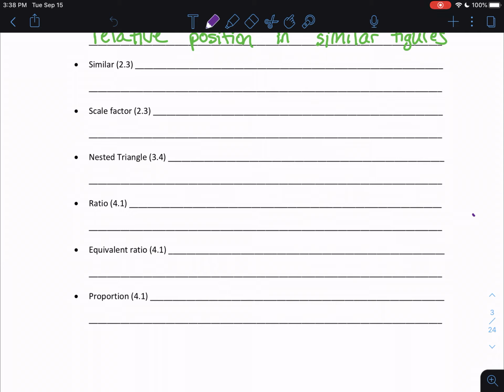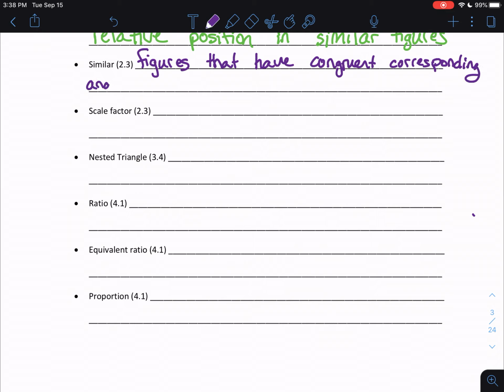When things are similar, that means figures that have congruent corresponding angles and equivalent ratios of corresponding sides.